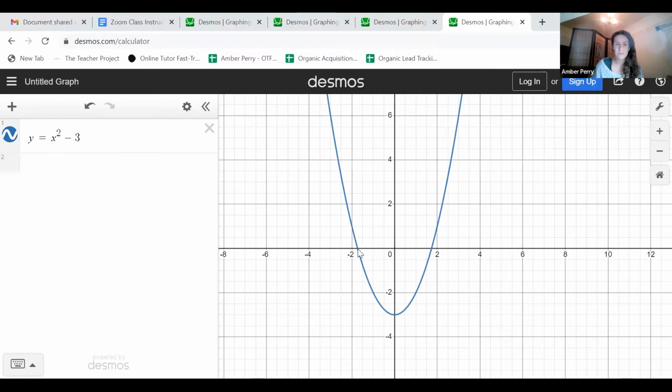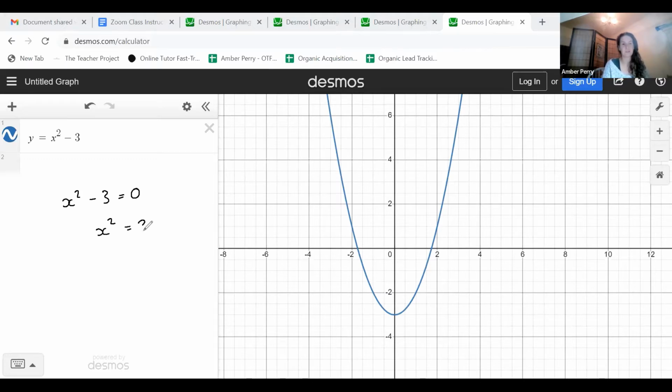And those solutions are there and there. And actually, the solutions are at the square root of 3 and the negative square root of 3. And again, if we considered solving this, so if I said, okay, we'll solve x squared minus 3 equals 0.